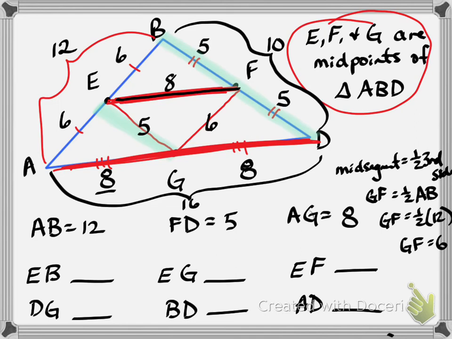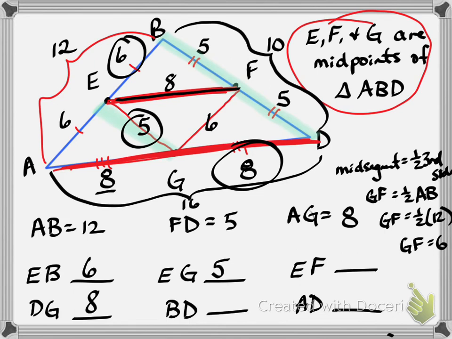Now we have found everything we could possibly find. So I think we're ready to just fill in our blanks. EB, 6. DG, 8. EG, gotta find them. EG, 5.